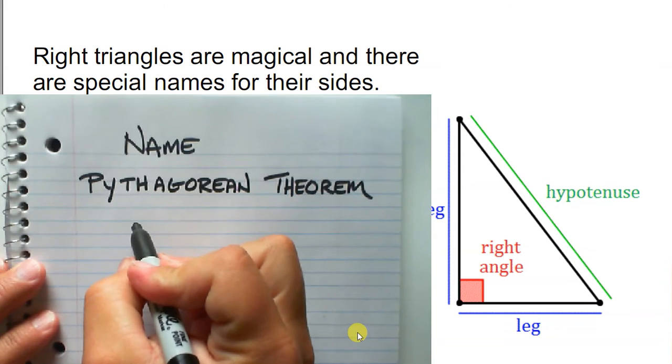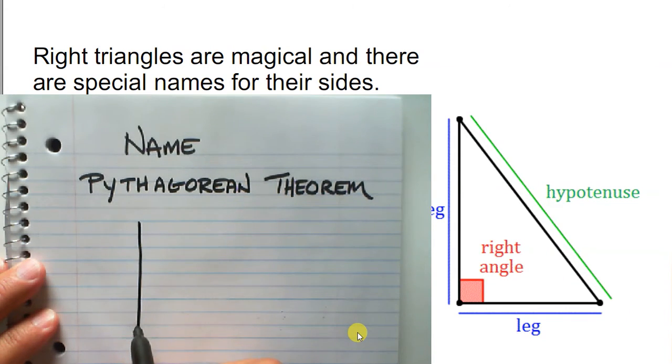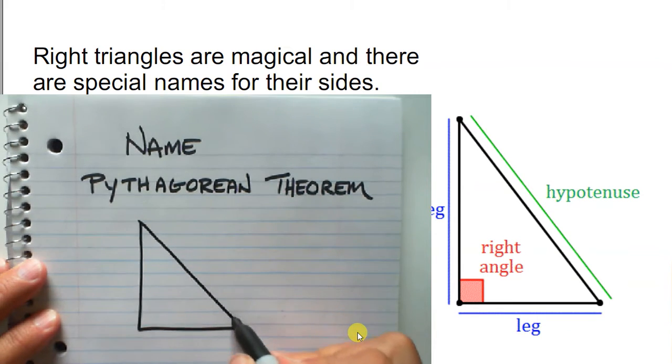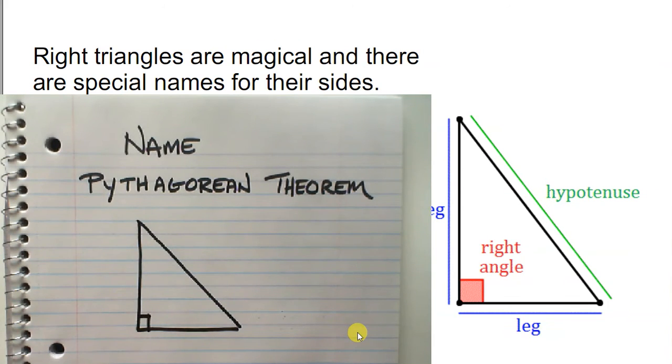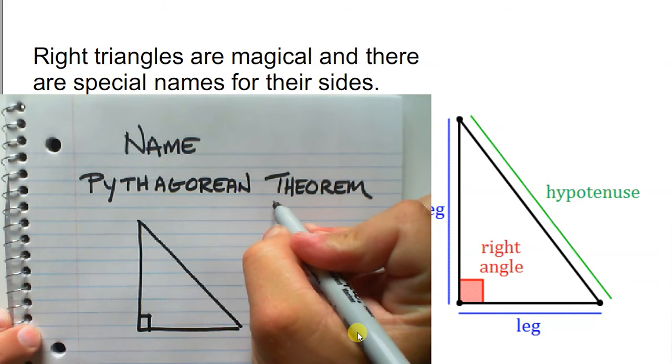We're going to start by drawing a right triangle. Pythagorean theorem only works with right triangles.